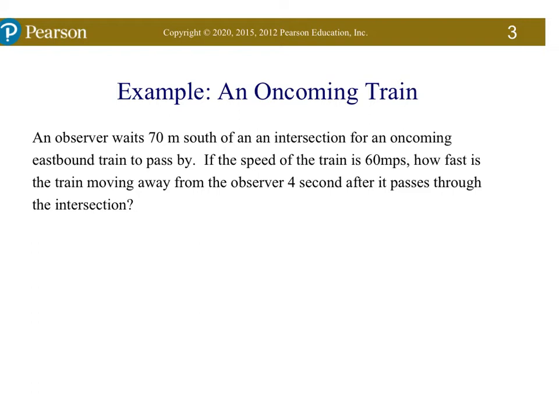So let's set the situation up here. We're looking at someone watching a train go by. And the observer who is watching the train is 70 meters south of the intersection. So maybe they're a car waiting for that train to pass. And so they're sitting down here 70 meters south.